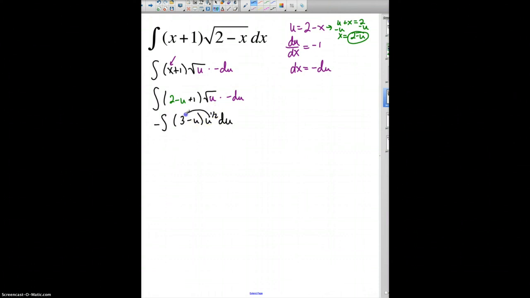Okay, now we're still simplifying here. Distribute that in. So we'll have 3u to the 1/2 minus u to the 3 halves du. Now we can integrate.